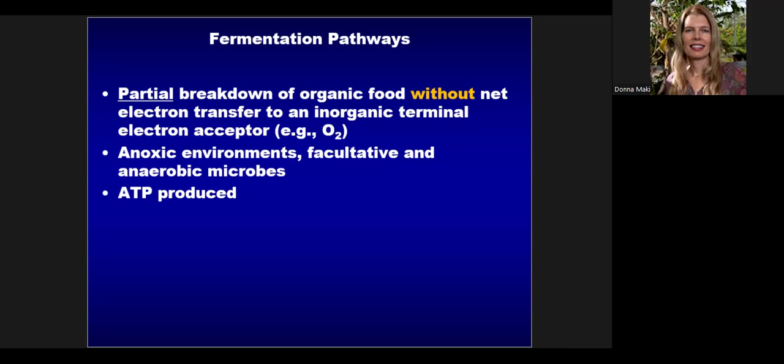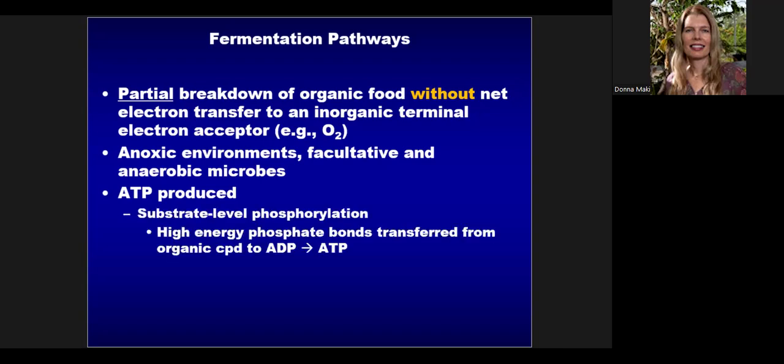So the goal, when you look at all of these fermentation pathways, and remember, microbes are really good at doing a bunch of different fermentation pathways depending on their environment and what you feed them, is to get your ATP through substrate level phosphorylation. This is, in words, what's really happening there.